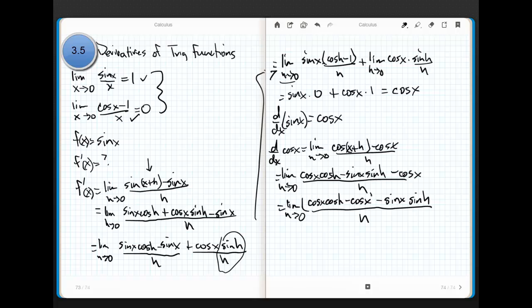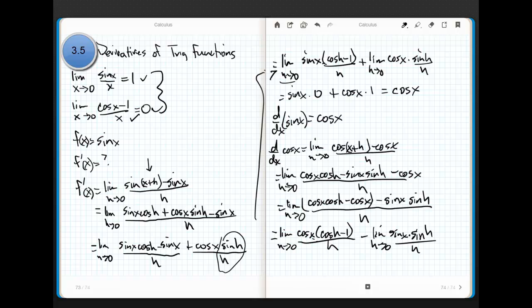Now look, if I factor out a cos x, I get the limit as h goes to 0 of cosine of x times cos h minus 1, look at that, all over h. Hey, we're going to get to use that guy. Minus the limit as h goes to 0 of sine x sine h all over h.